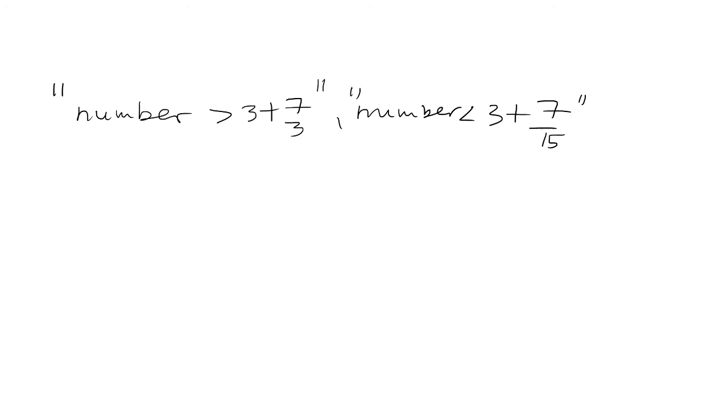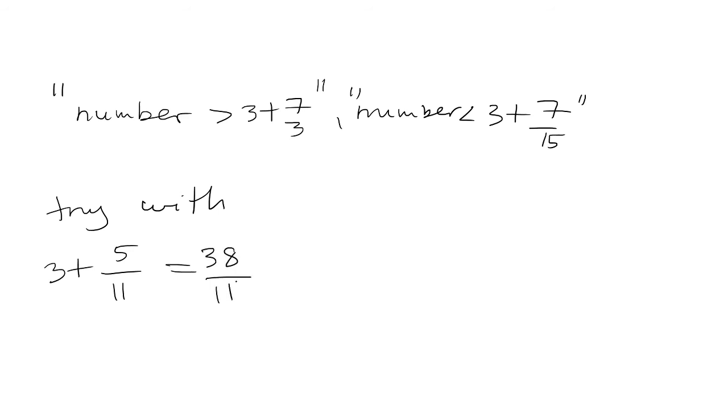So let's try with a number, say 3 plus 5 divided by 11, which is simply equal to 38 divided by 11.